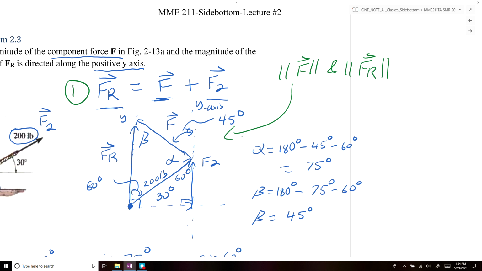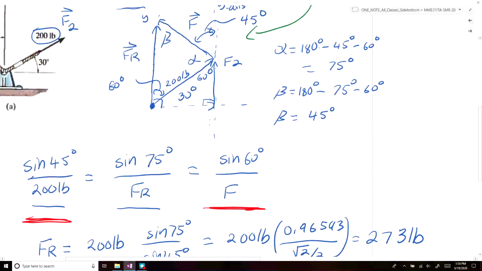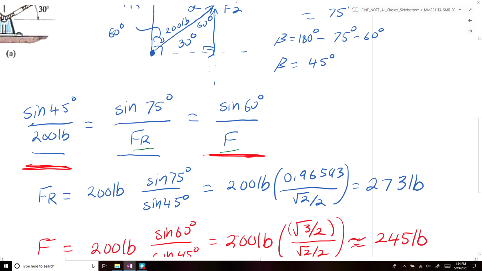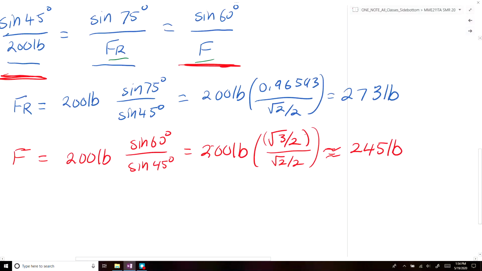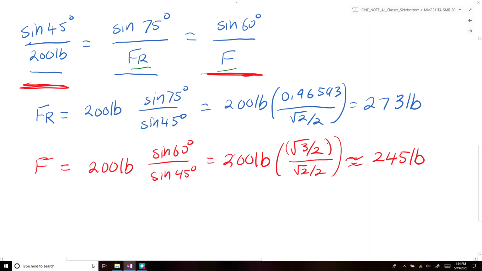Using geometry, we solved for all the interior angles of our triangle, and since we knew force F2 had a magnitude of 200 pounds, we could use the law of sines to solve for our two unknowns, Fr and F. Then we just did some algebra to solve for the magnitudes. That concludes how you can use the law of sines to solve for the magnitude of our resultant force with a given magnitude and direction of the other two forces.